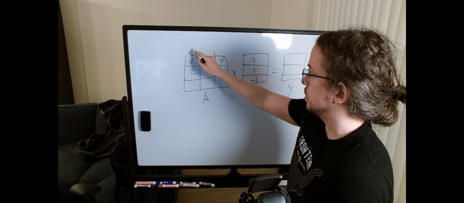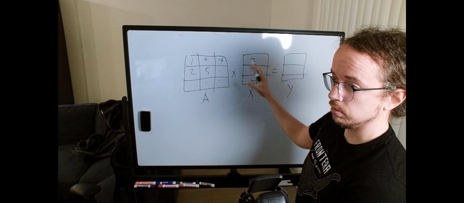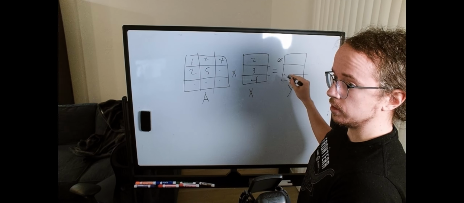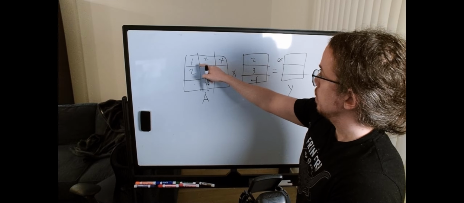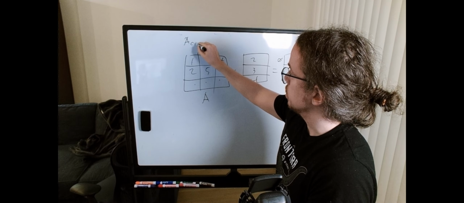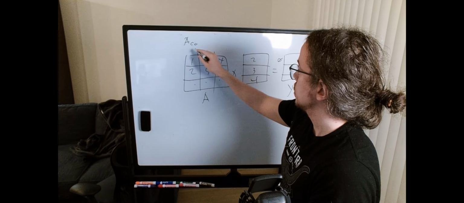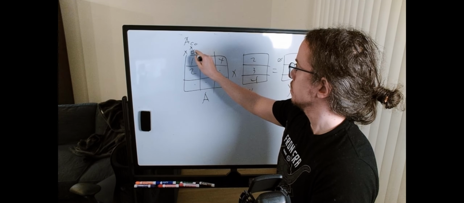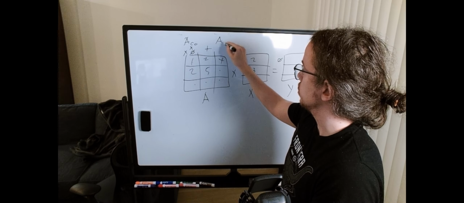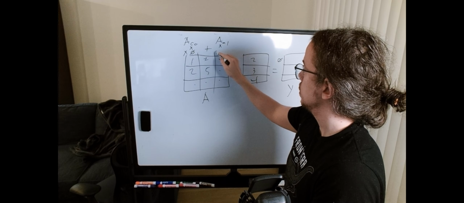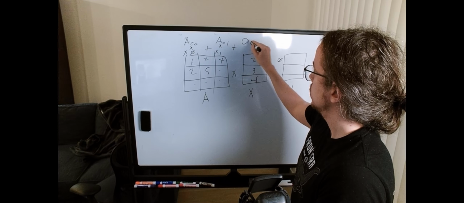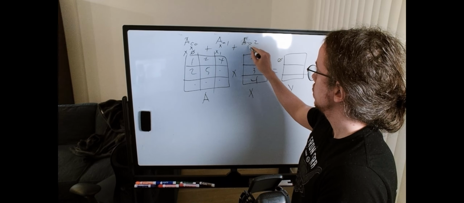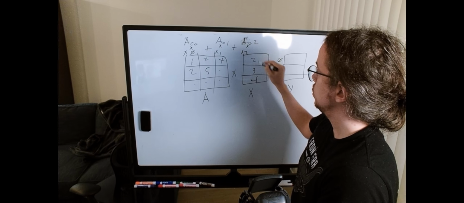What that means is that if we're going to multiply these two matrices, element 0 in the output vector is going to be A00 times x0 plus A01 times x1 plus A02 times x2.